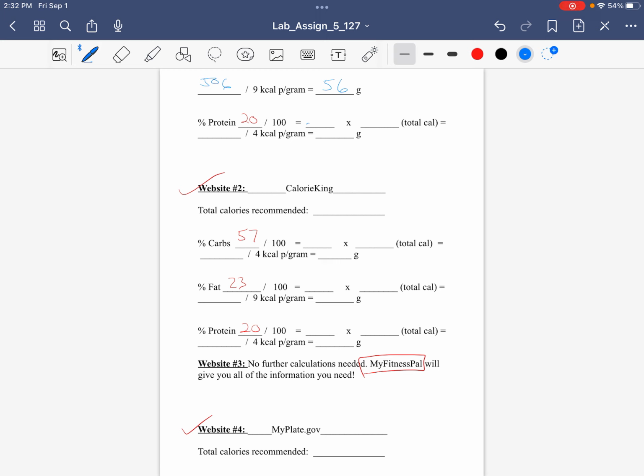Lastly, for protein, 20 divided by 100 is 0.20. I'm still on the first free dieting, and let's just say it recommended 2,200 calories. So now I'm going to do 0.2 multiplied by 2,200, and that gives me 440 divided by 4, 110. Perfectly makes sense. So as you go through these, then you're going to enter those into that beginning table.